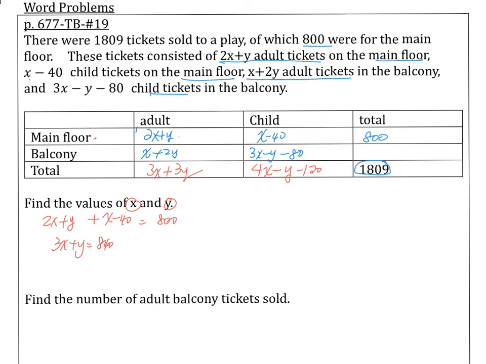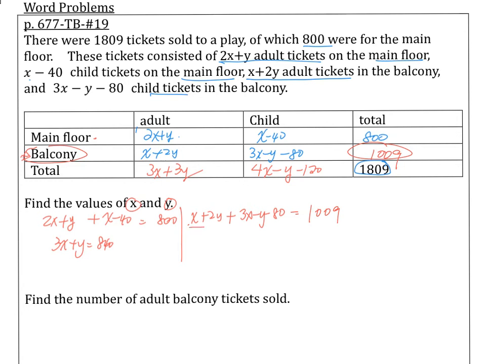Now I'm going to find another equation so I can solve for x and y like a linear system. So x plus 2y, basically I'm taking the second row, balcony, plus 3x minus y minus 80. And I need to find out what this is. So 1809 subtract 800 makes 1009. So I'm going to set that equal to 1009 because that's the total number of people sitting in the balcony.